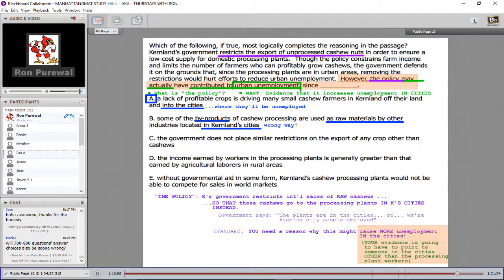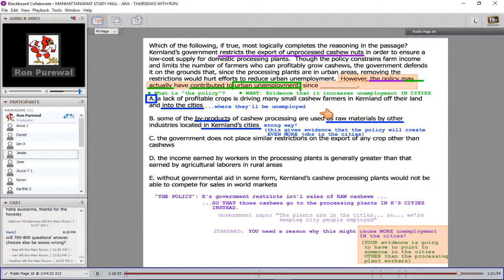Give me a smiley face if that makes sense. This gives evidence that the policy will create even more jobs beyond the processing plant, even more jobs in the cities. Because not only will it create processing jobs, but the runoff and the waste products will create even more jobs.